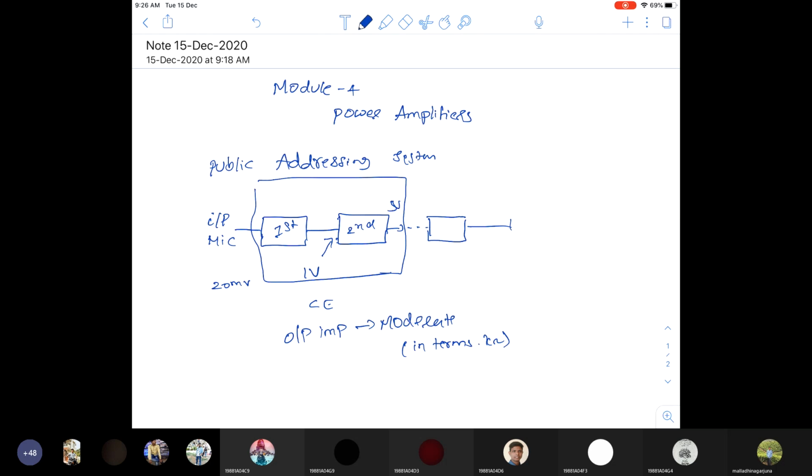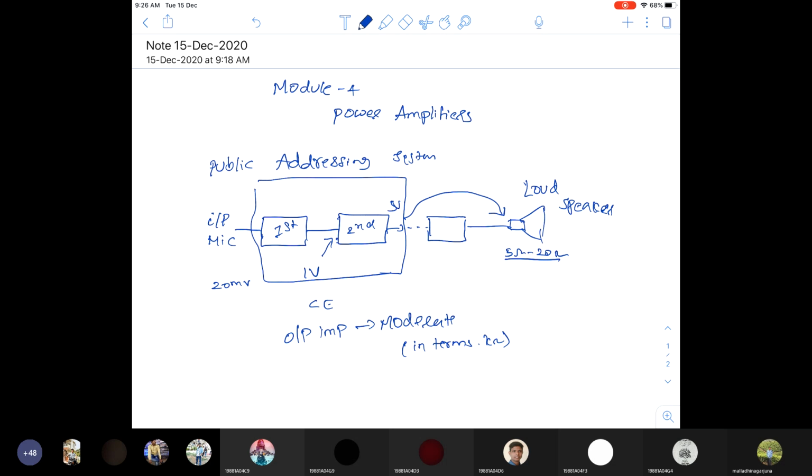The output goes to the loudspeaker. If you give the output of the multi-stage amplifier directly to the input of the loudspeaker, the loudspeaker input impedance is in terms of ohms, let us say 5 ohms to 20 ohms.